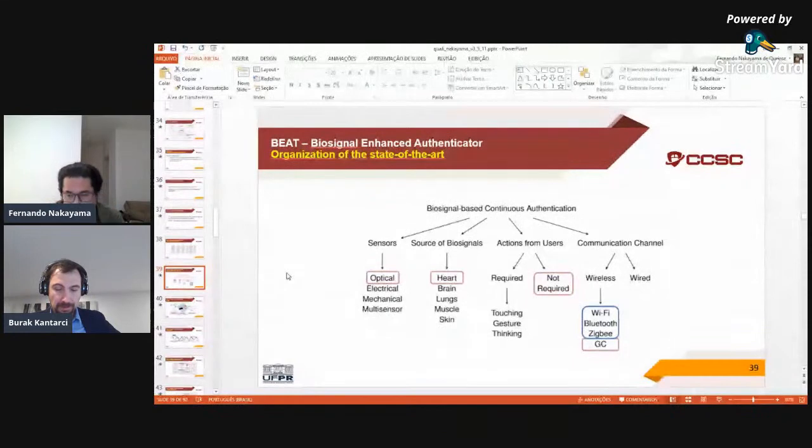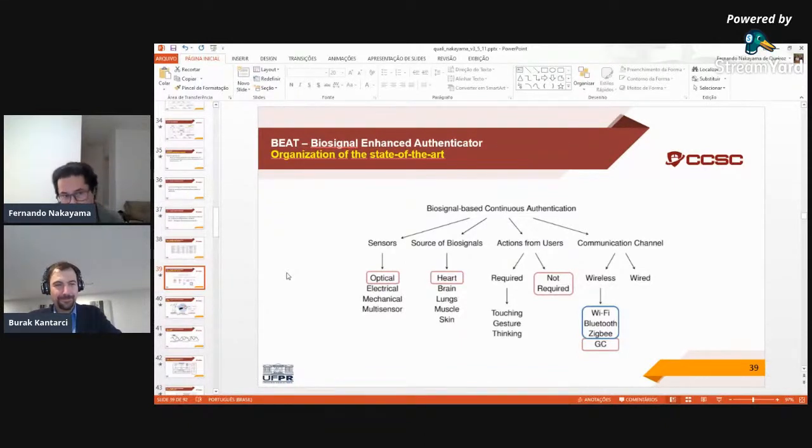Mm-hmm. Yeah. But I also understand that the sensor we use, the PPG sensor, might not be the only alternative, because considering the health related conditions, the PPG is not the best sensor. We have better sensors for that.